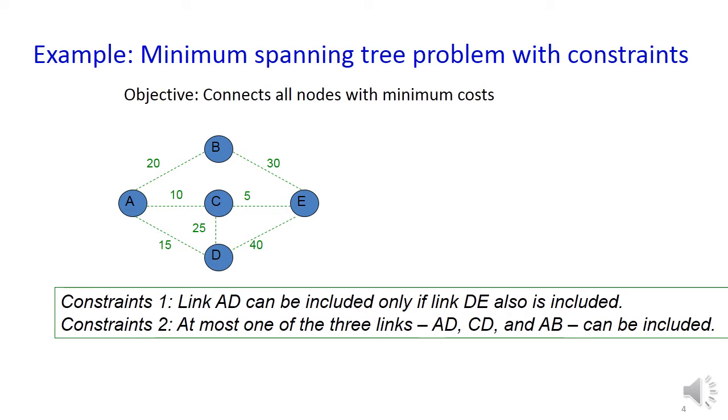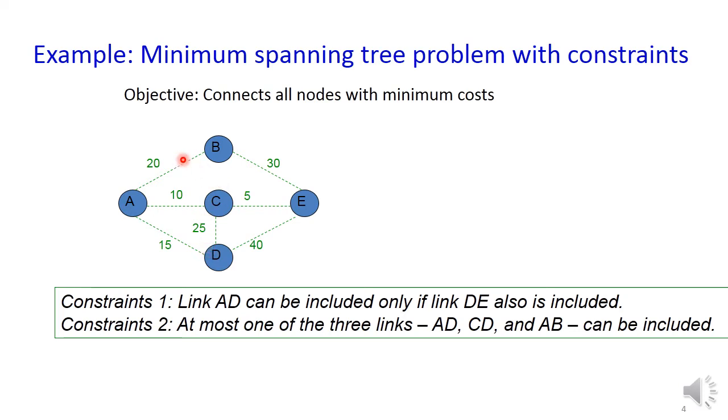What do we mean by the minimum spanning tree problem with constraints? Already we know that, given a graph, a minimum spanning tree is a spanning tree consisting of n minus 1 edges so that there is no cycle.